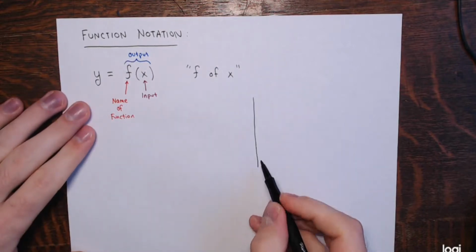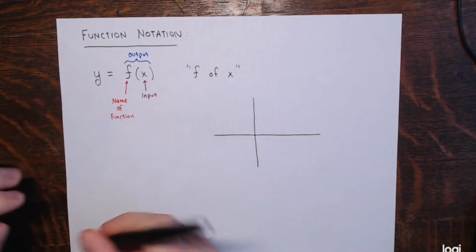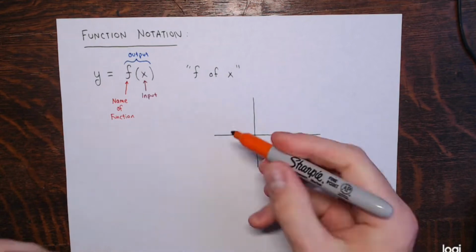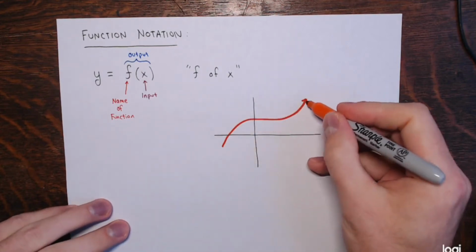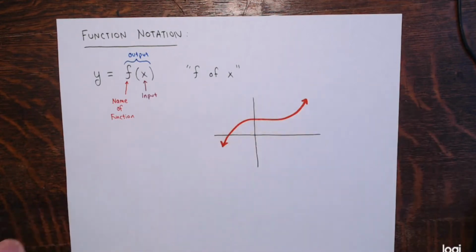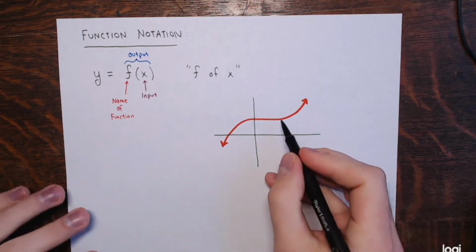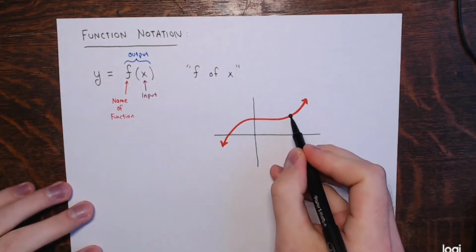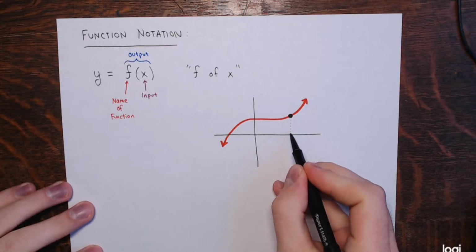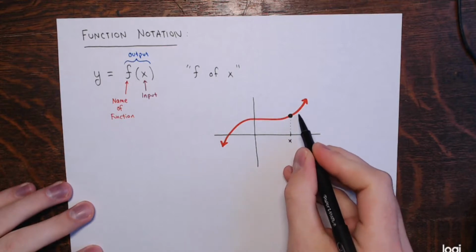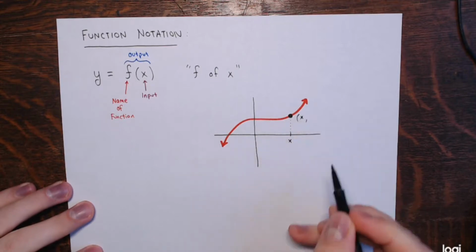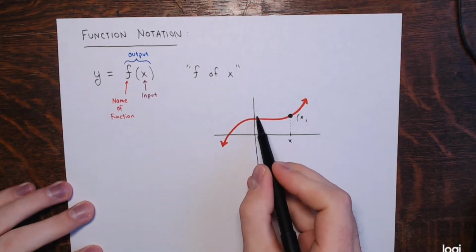Then on a graph, if you're looking at a graph of some function, it passes the vertical line test and everything. Every single ordered pair, every single point, is going to have some domain value, some x value, as the first coordinate, and then some y value.